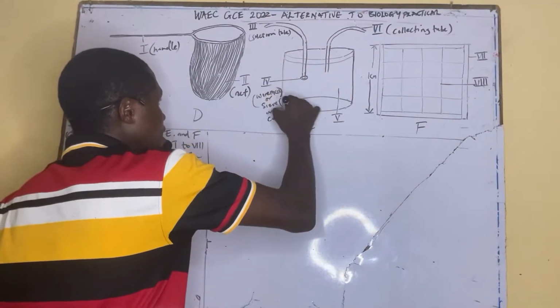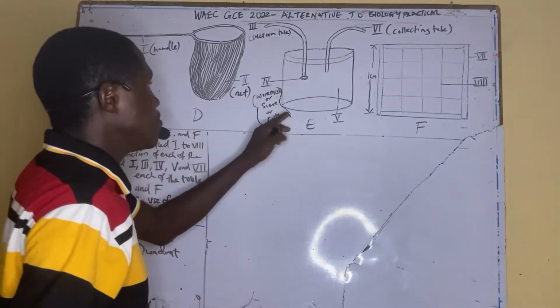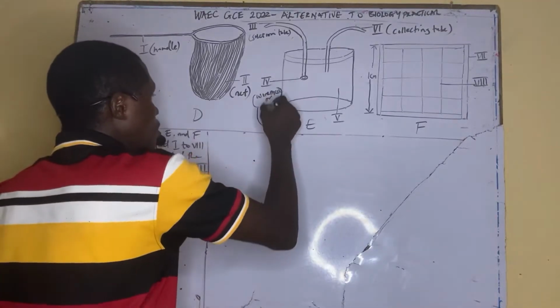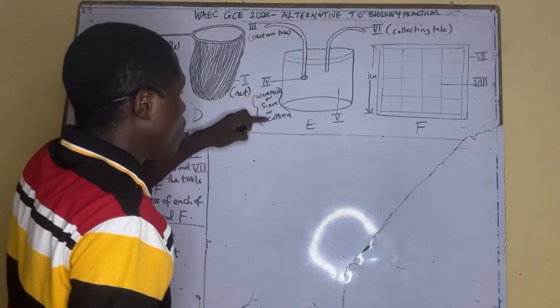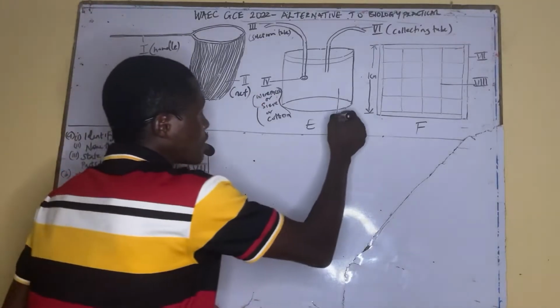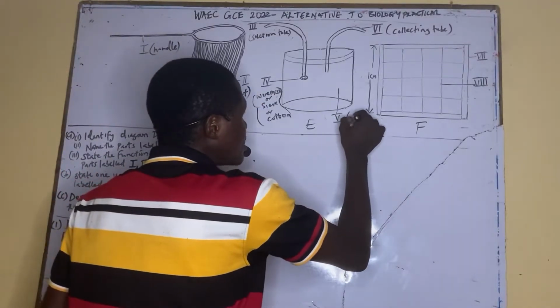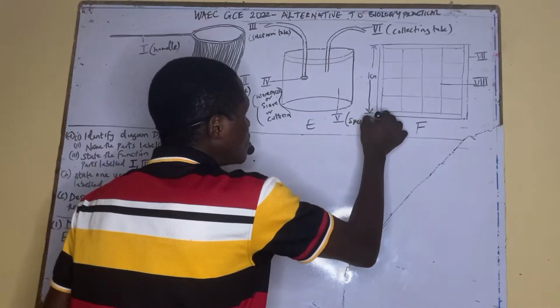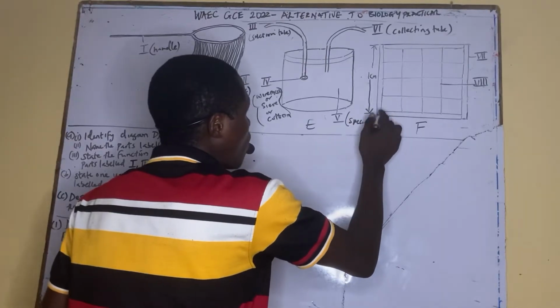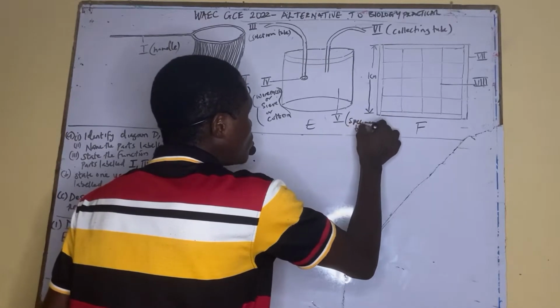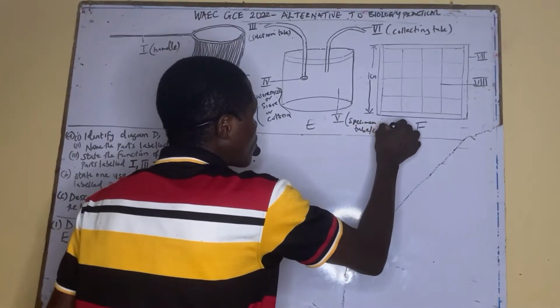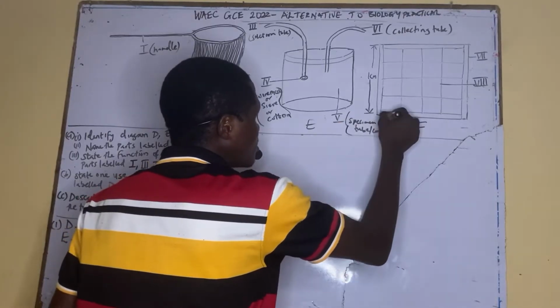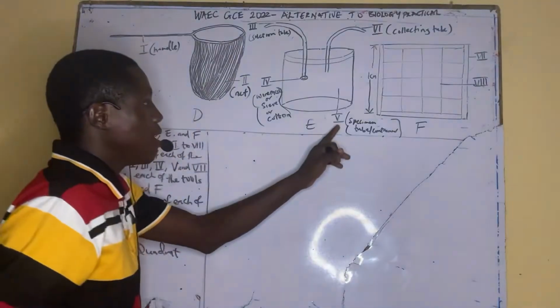So let me write it inside brackets so that you won't mix it up. And this one is called specimen tube or container. That is Roman figure 5.